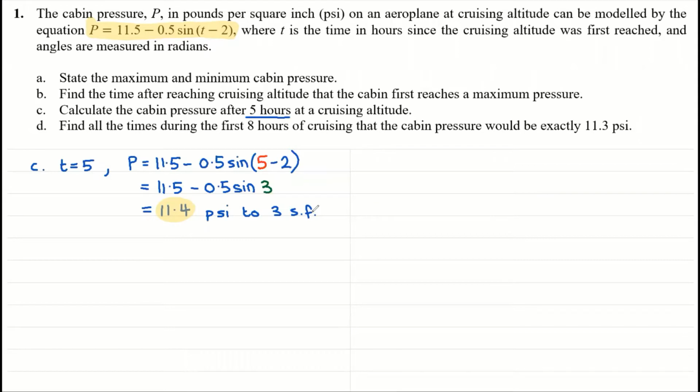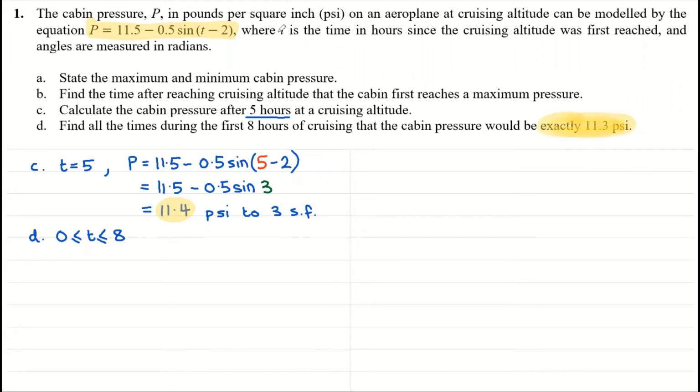Well, if it's the first 8 hours, of course, that means that we only have to worry about t being between 0, we'll include 0, of course, and 8. So that's the first 8 hours. And we want the pressure to be exactly 11.3.